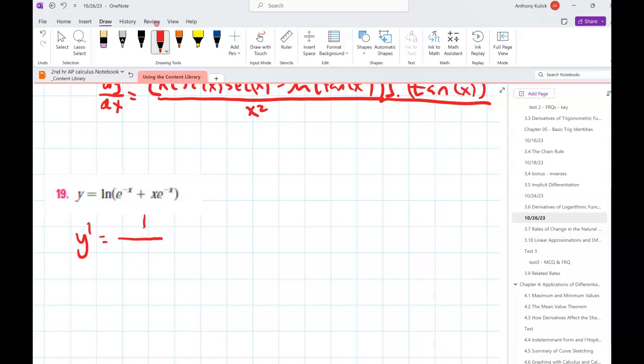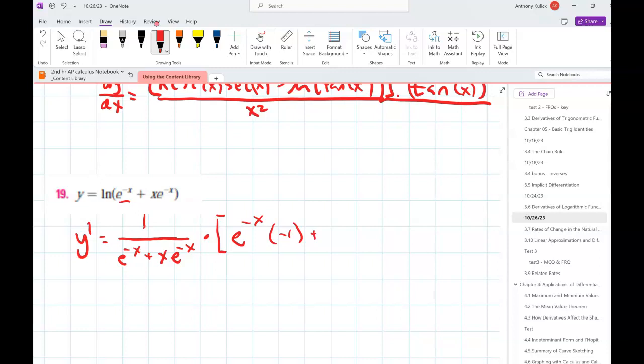So that's going to be 1 over the inside times the derivative of the inside. So what's the derivative of e to the negative x? e to the negative x times the derivative of negative x. One or negative one? Negative 1.